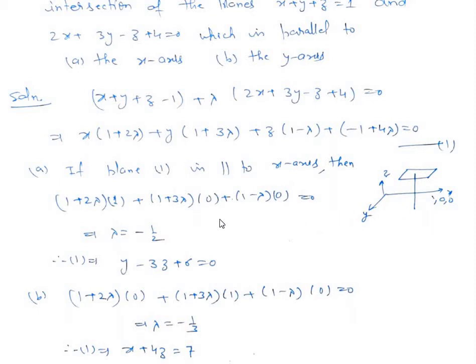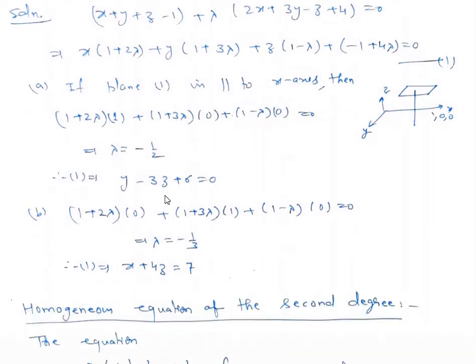So therefore, making use of a1 a2 plus b1 b2 plus c1 c2 equals 0, because these two lines are perpendicular, we have (1 plus 2 lambda) into 1 plus (1 plus 3 lambda) into 0 plus (1 minus lambda) into 0 is 0. So therefore lambda is equal to minus half. Put the value of lambda minus half in equation number 1. We get the required plane as y minus 3z plus 6 is equal to 0.